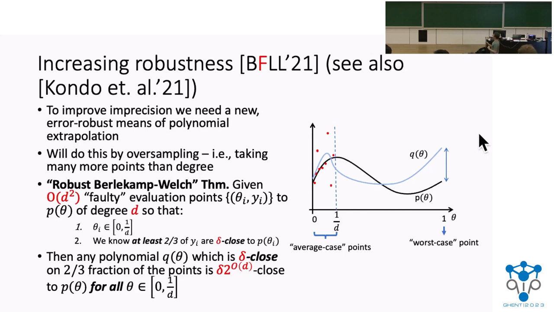The only property we know is that q is delta close to 2/3 of the points, but it could be a different 2/3 of the points from what p is close to. And we say no matter how q acts, if we look at this tiny subinterval of the unit interval of width 1 over d, the most these two polynomials can differ in that subinterval is delta times 2 to the O of d. Okay, so that's our theorem.